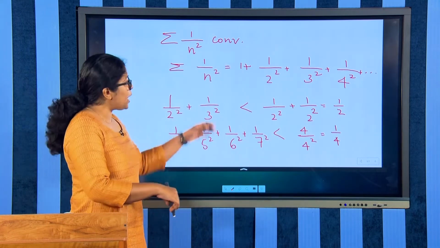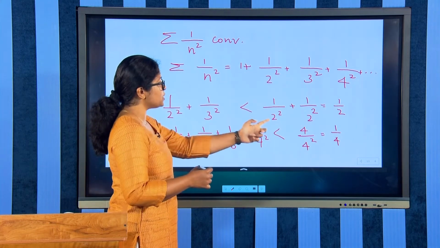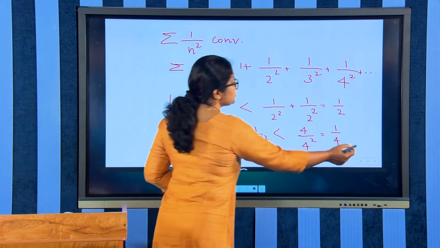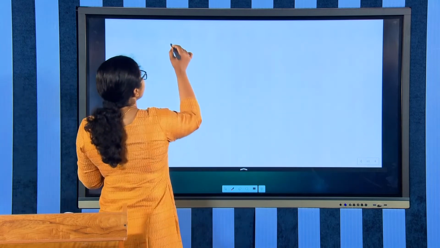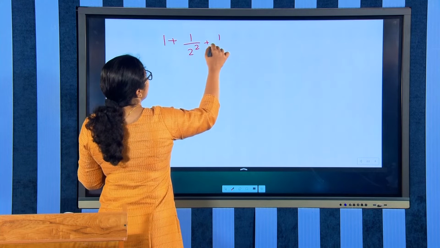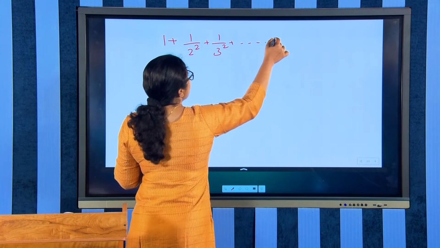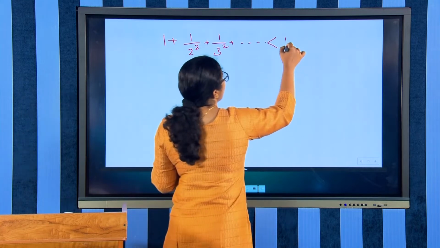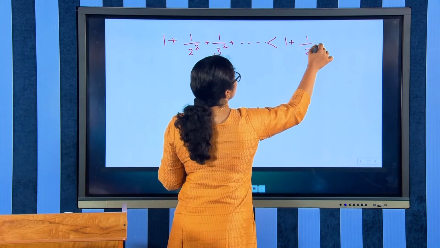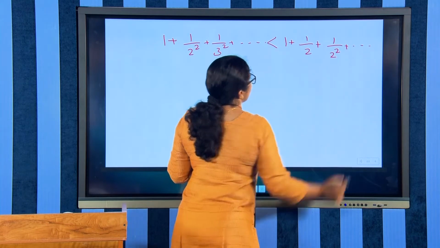So rearranging or replacing the terms of the sequence using these, we get this series 1 plus 1 by 2 square plus 1 by 3 square plus etc. is less than 1 plus 1 upon 2 plus 1 upon 2 square plus etc.